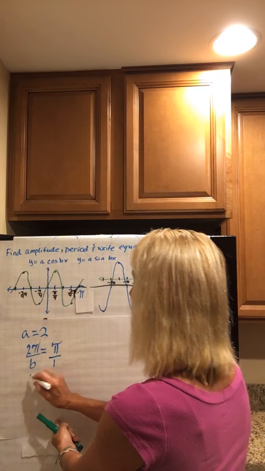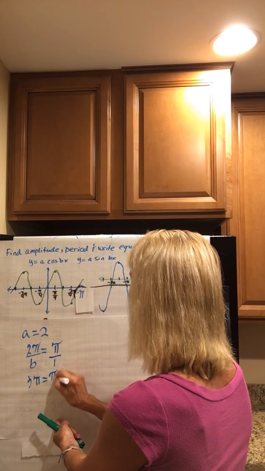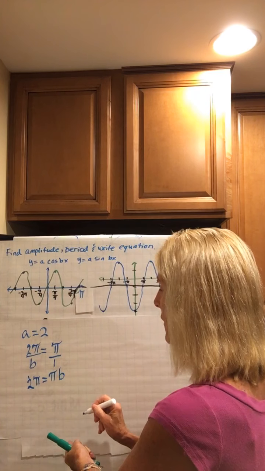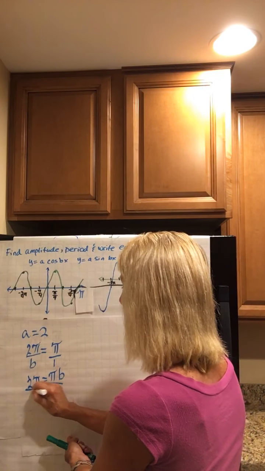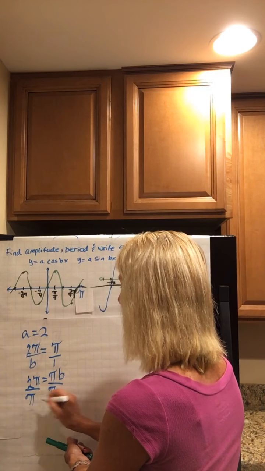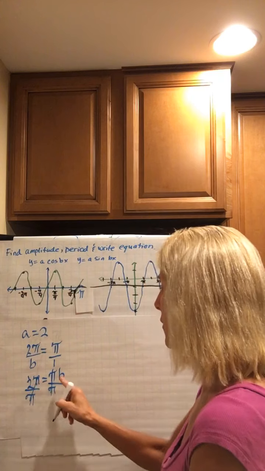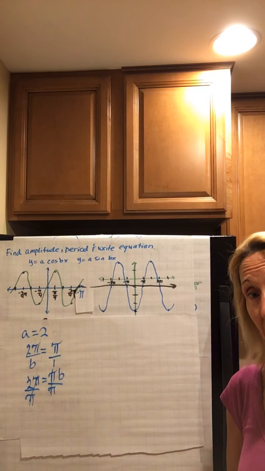When I crisscross multiply, I get 2 pi equals pi b. Sorry, it doesn't look like a 2. Then to get b by itself, I just divide by pi. The pi's cancel out here, the pi's cancel out here. So I get b equals 2. So you know your b now.